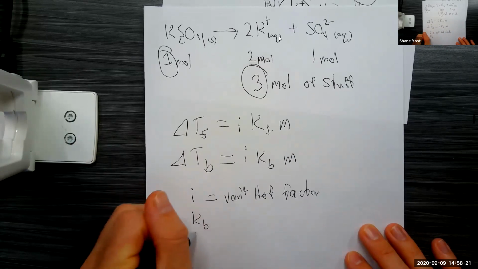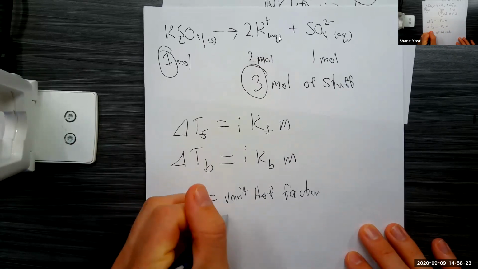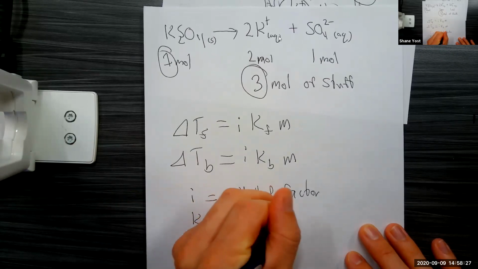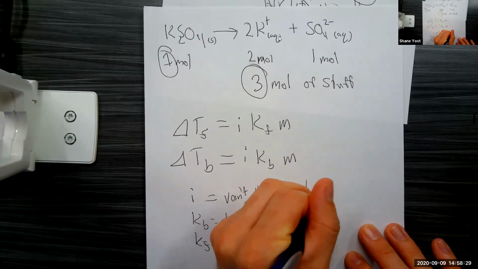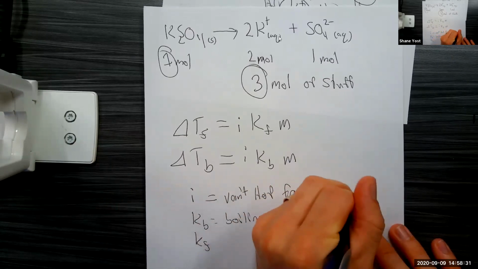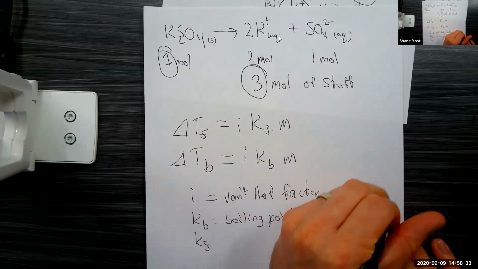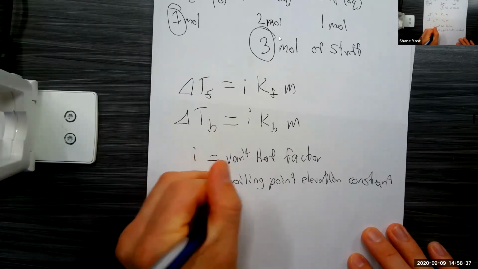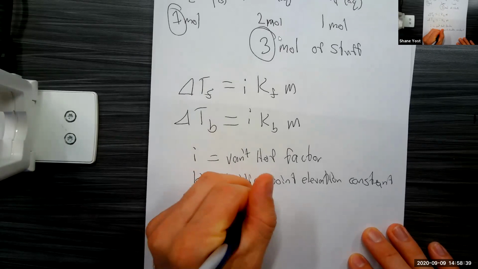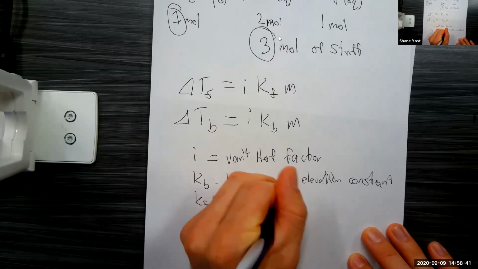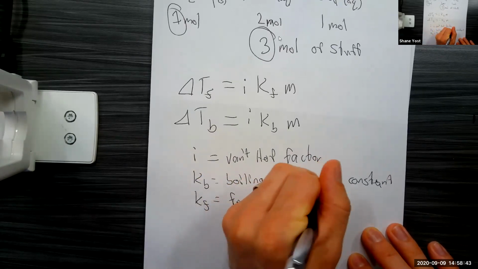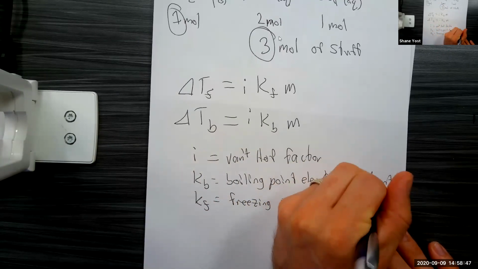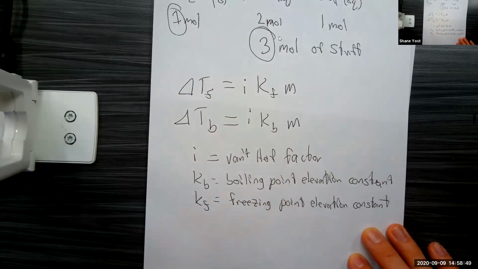KB and KF are your boiling point elevation constant and your freezing point depression constant.